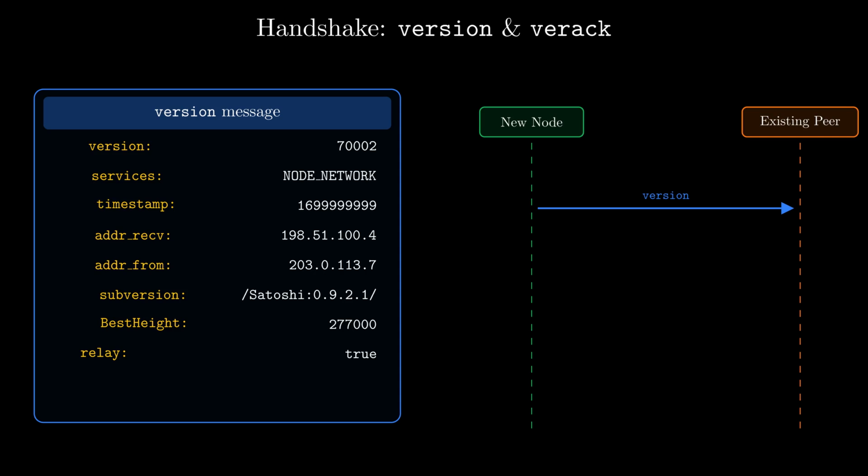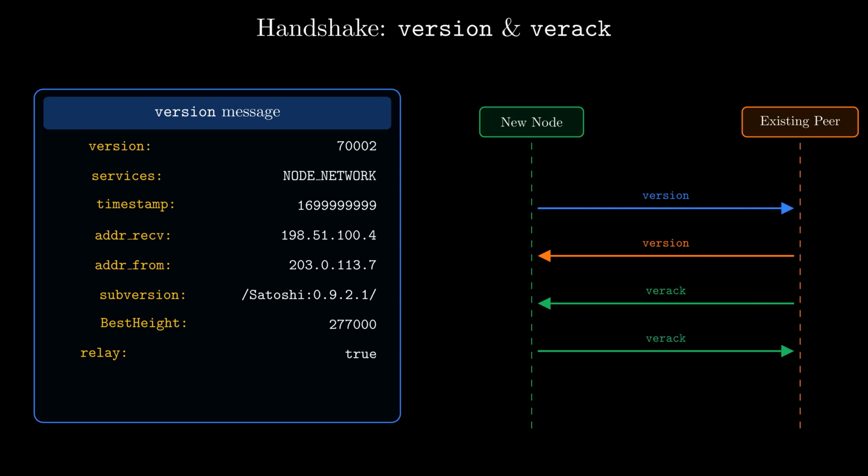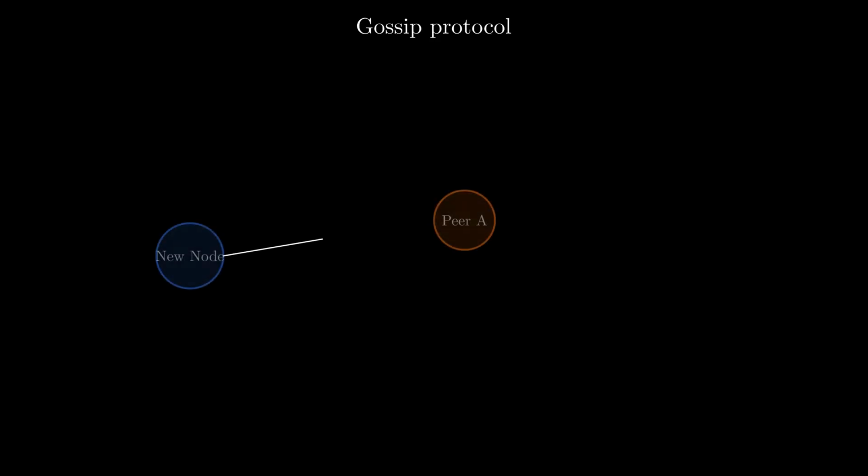The peer evaluates compatibility, sends back its own version, and both sides reply with verack, version acknowledged. Connection established.